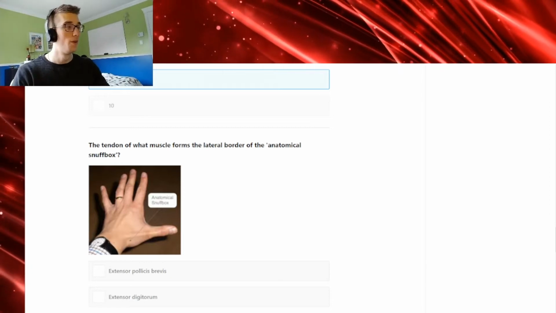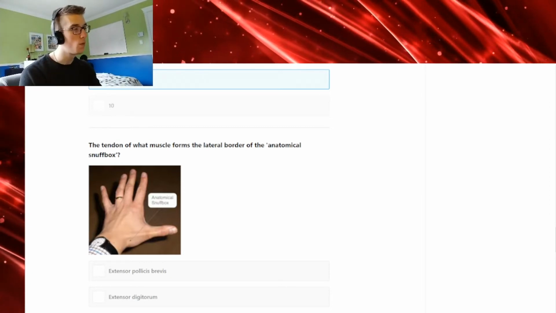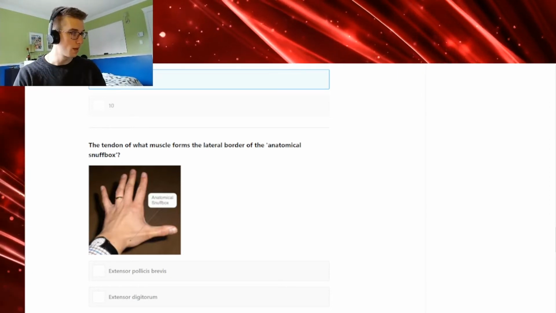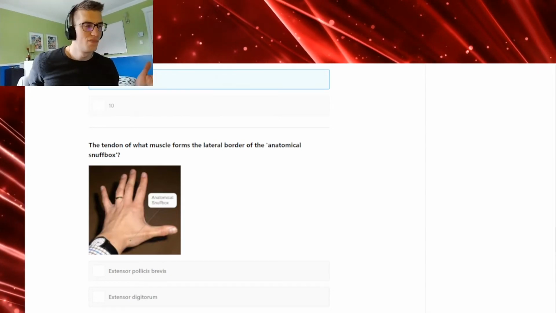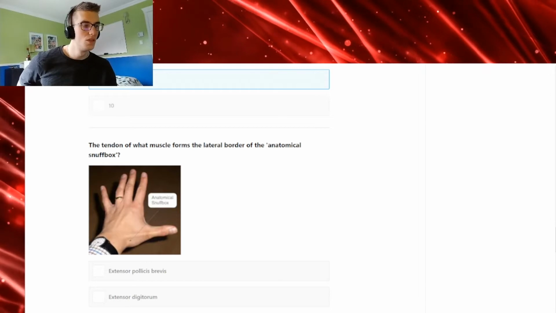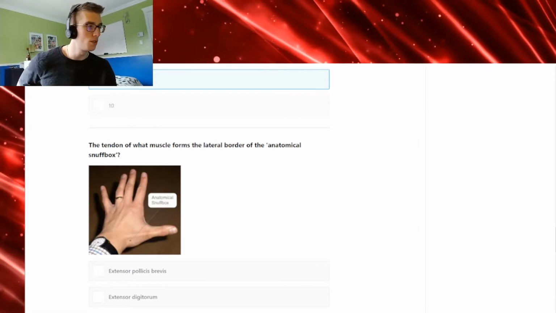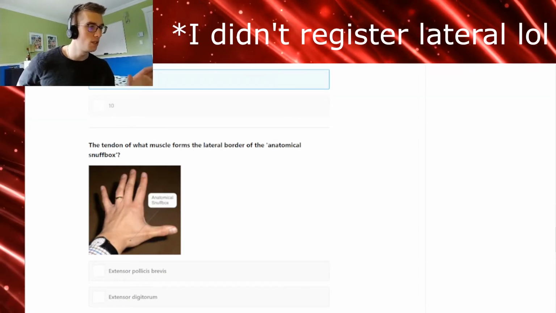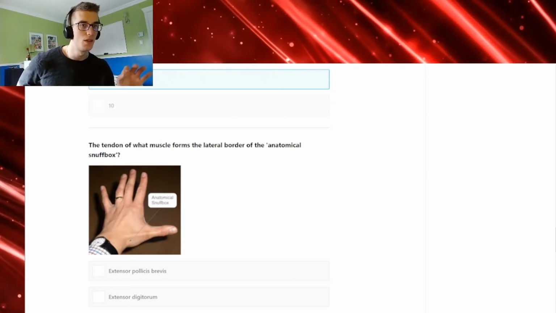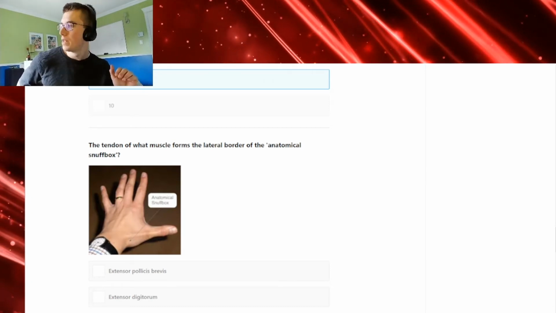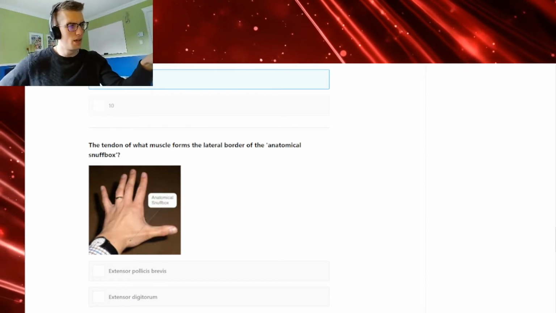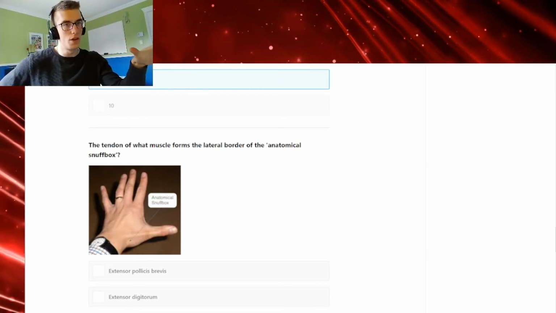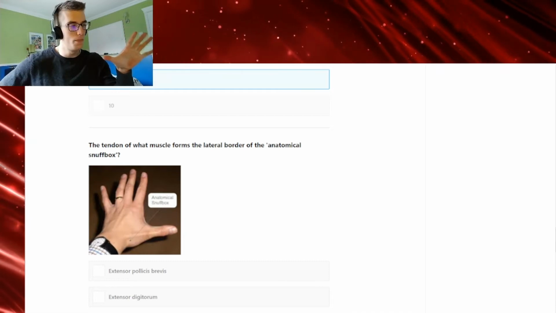So what muscle forms the lateral border of the anatomical snuffbox? I think there's 2, and it's not muscles, it's tendons in this region because it's on the edge of the muscle. It's the extensor of the thumb.